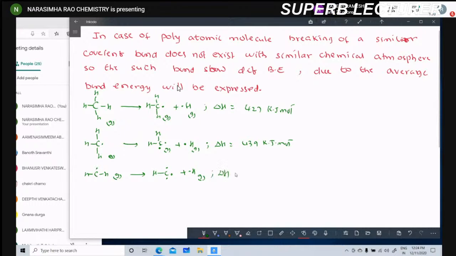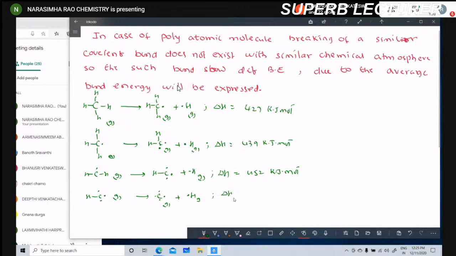For this process, delta H is equal to plus 452 kilojoule per mole. In case of breaking of this bond, H-C with 3 gaseous gives rise to C gaseous plus hydrogen gaseous.